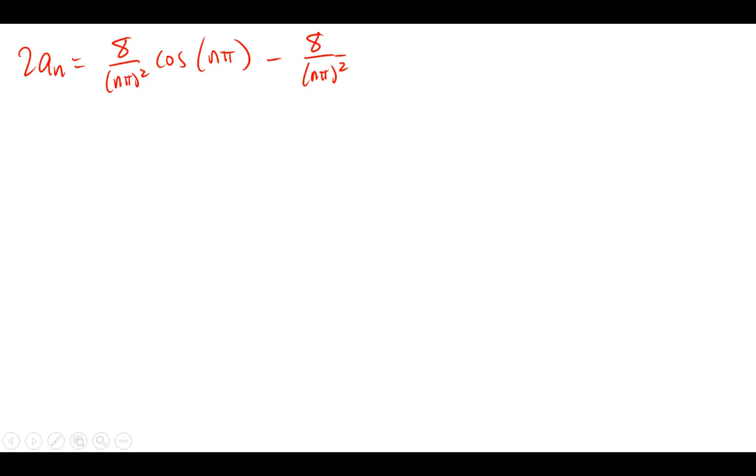Obviously I could divide by 2, and in fact, why don't I factor that out? It's not 8 anymore; if I divide by 2, that's now 4. I could factor that out, and I just have cosine of n pi minus 1.